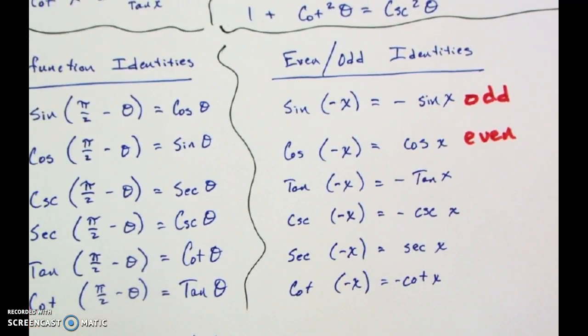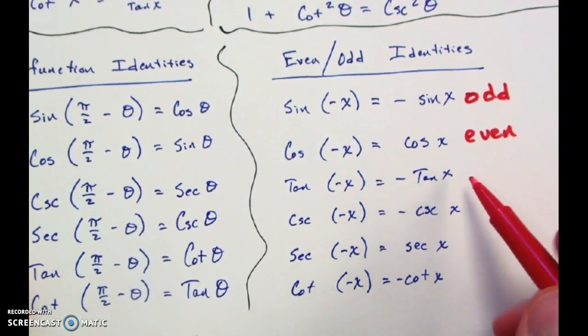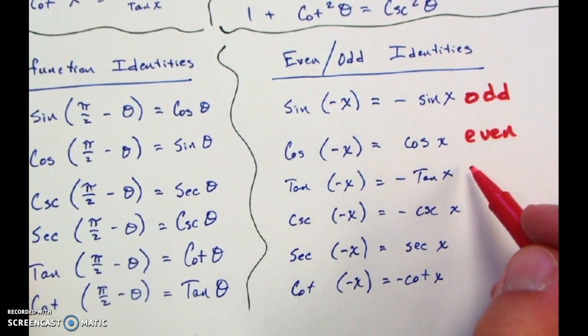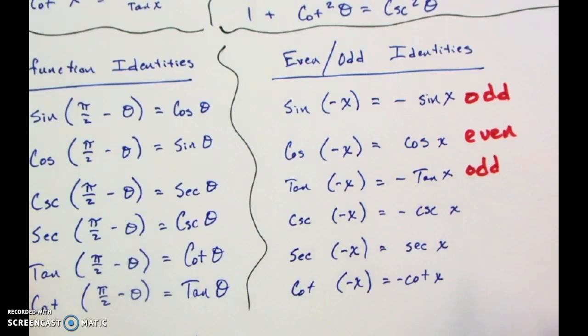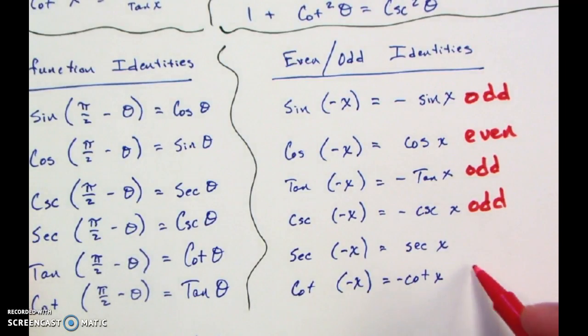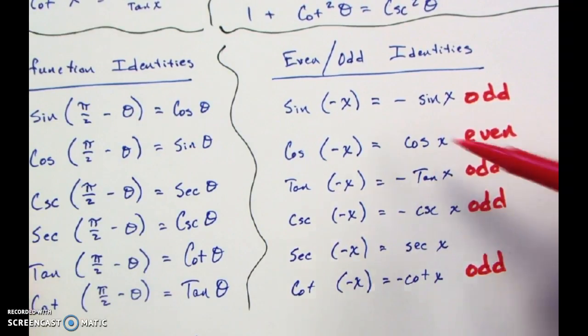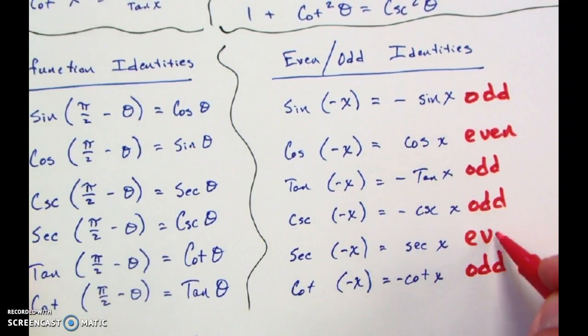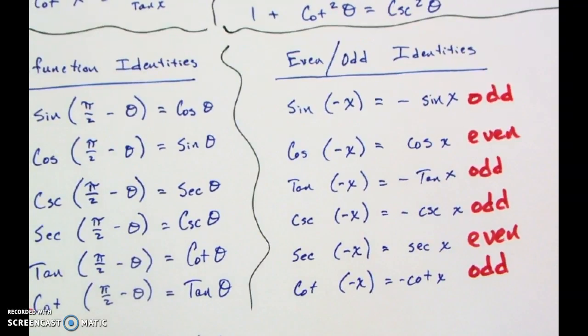We did this early on when we were looking at, for example, cubics. Those were odd, whereas a parabola was giving us an even function. Well, it turns out that sine, tangent, cosecant, and cotangent are all odd, whereas cosine and secant are even functions. And so we have those identities that we will use as well.